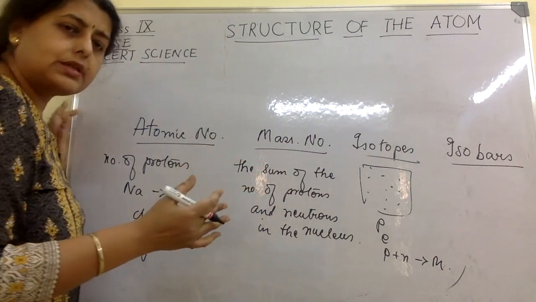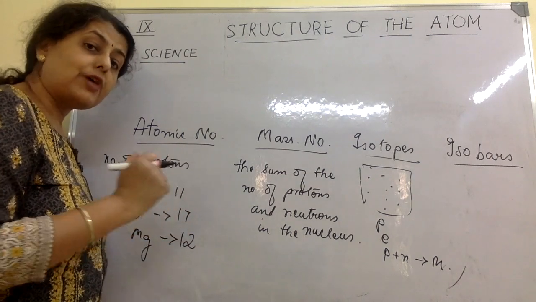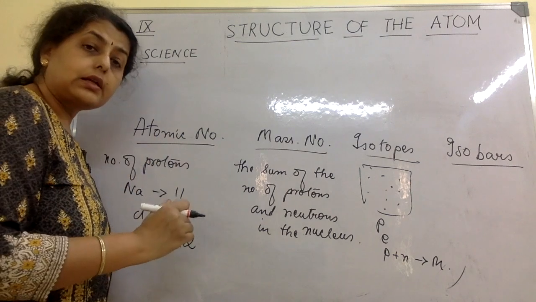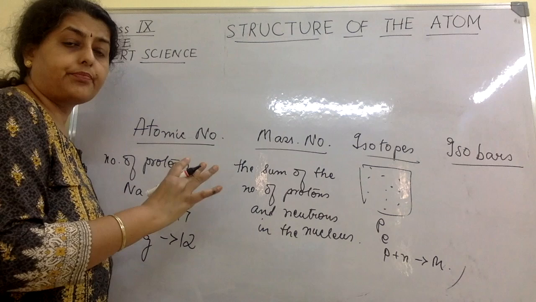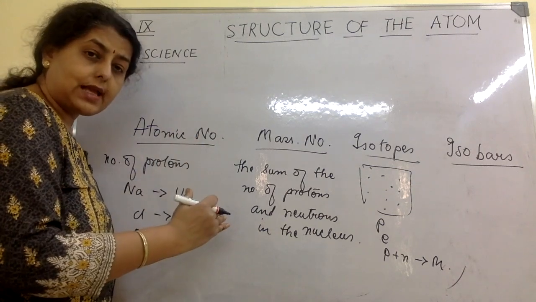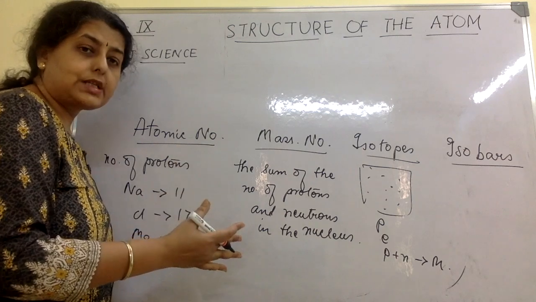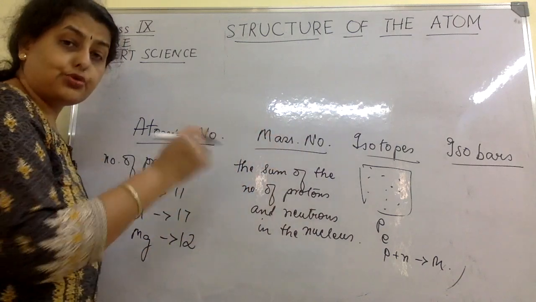But they never tell us to take them out separately. Why? Because the chemical reaction of all isotopes is the same. So in a chemical reaction, as long as the reaction is same, we are not bothered about which isotope it is. Okay, so basically it is a difference in the neutrons.